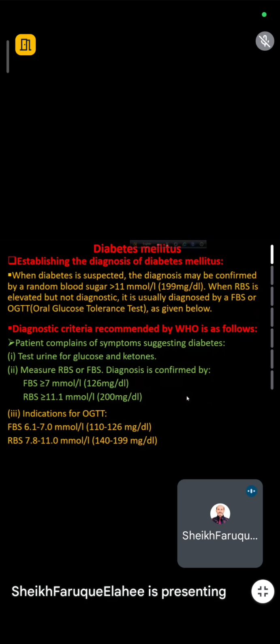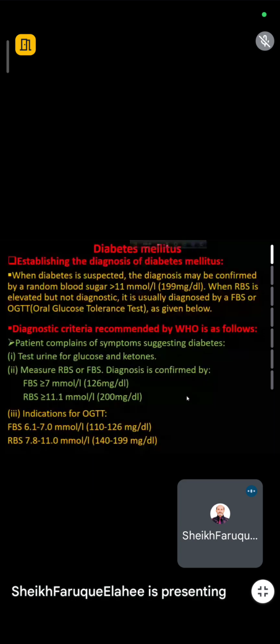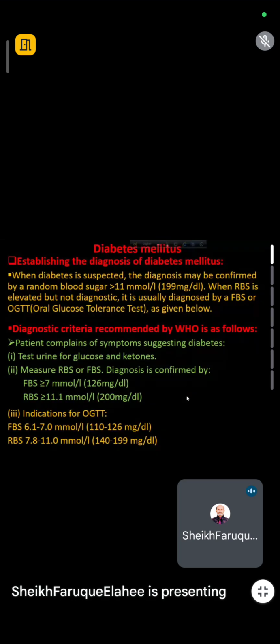If there is a question in our examination, then you tell me a single test, very simple, by which you can diagnose diabetes. So you remember, a single test. This is called RBS, random blood sugar.